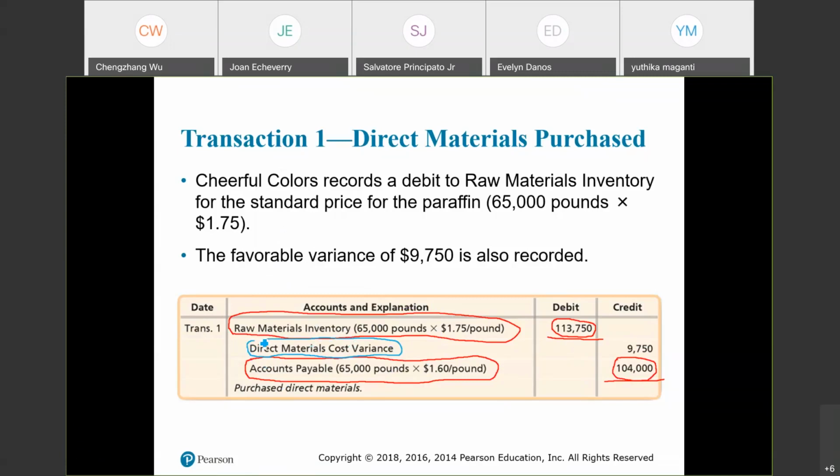And vice versa, if it is unfavorable, you debit this account. You record the difference, which is $9,750, to this variance account.